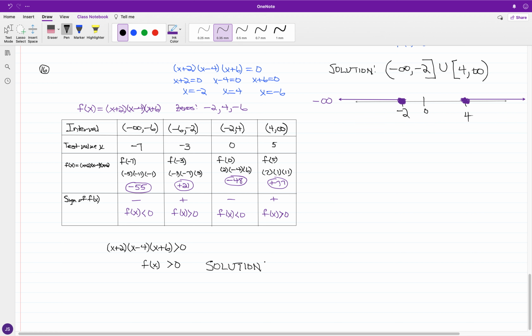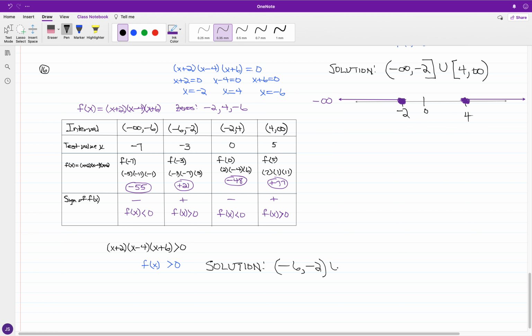So for the solution here, where f of x is greater than 0, we have limit values involved. Okay, we have between negative 6 and negative 2, so you have parentheses.